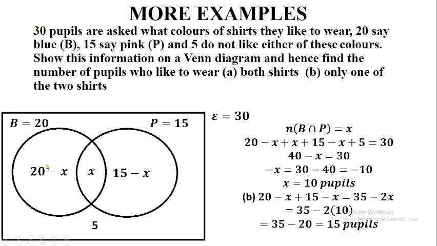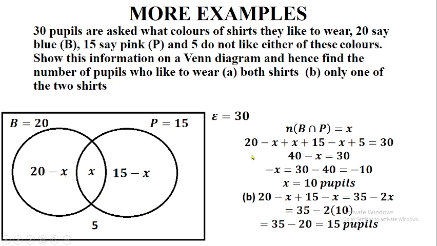Then don't forget that the union of blue and pink, which is this and this and this, plus the people that are outside here, will give us 30, because the universal set represents 30. So this plus this plus this plus 5 will give us 30.